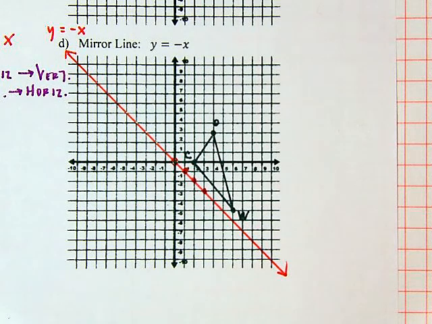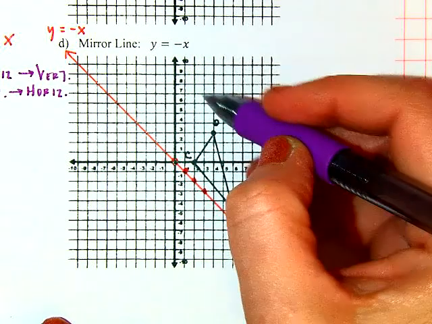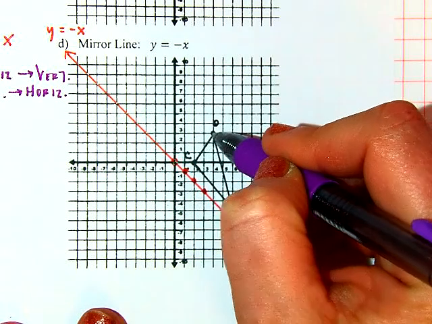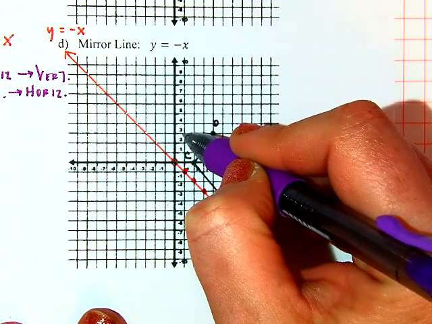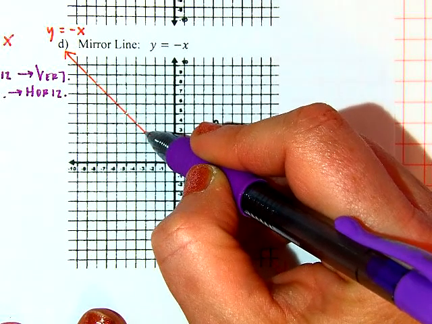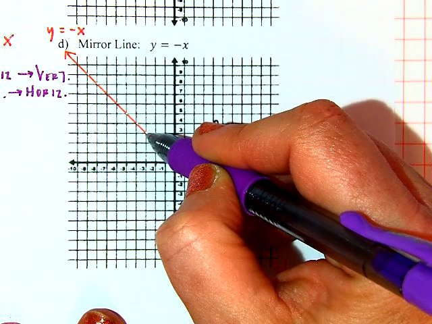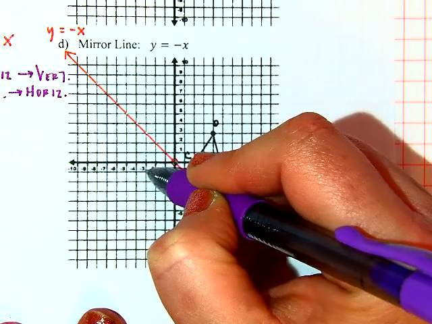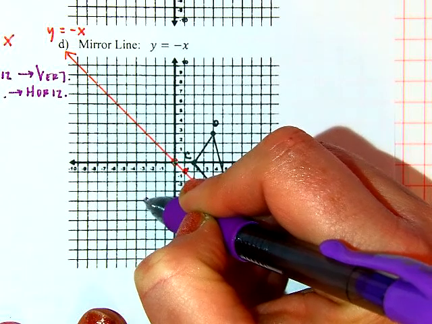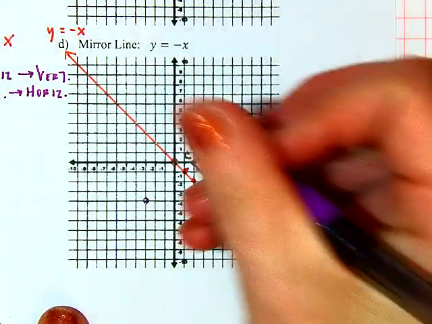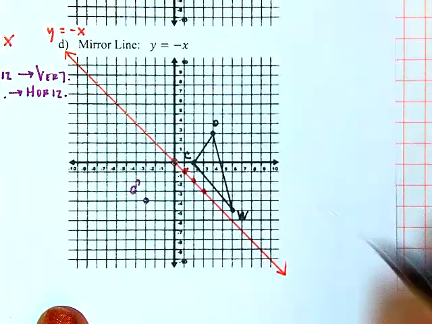So we know that horizontal goes with vertical and vice versa. So let's say that we start with the O this time. So here if I count horizontal, 1, 2, 3, 4, 5, 6, 7. Well, now I'm going to count vertical, right? I'm going to go down 7. 1, 2, 3, 4, 5, 6, and 7. So here's my new O prime.